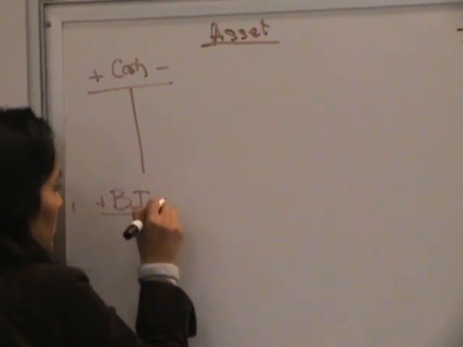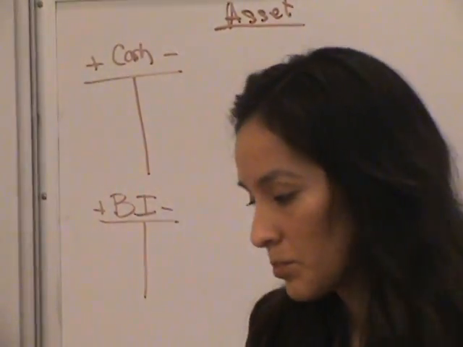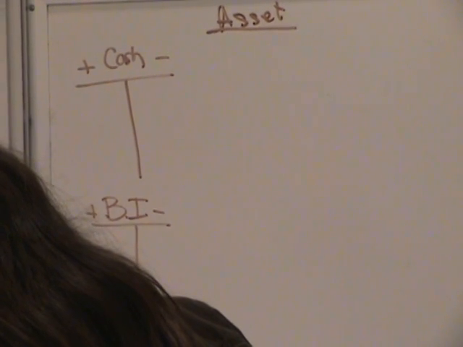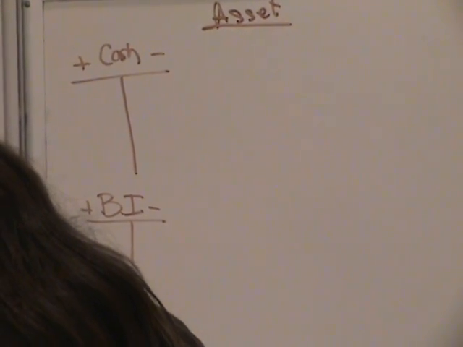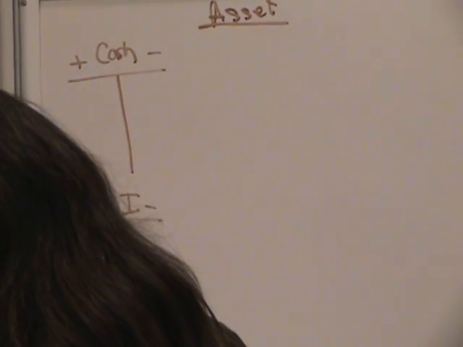Okay, put your plus minus. How much is beginning inventory, Angie? We're doing problem 5-7A, Chapter 5, page 232, Kieso Weygandt, 8th edition.